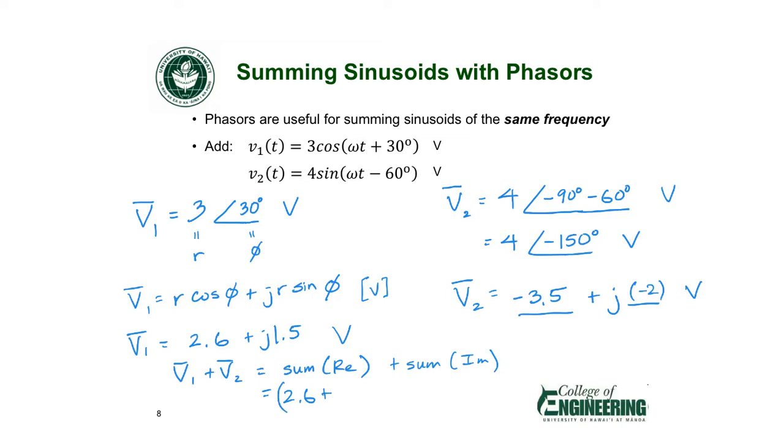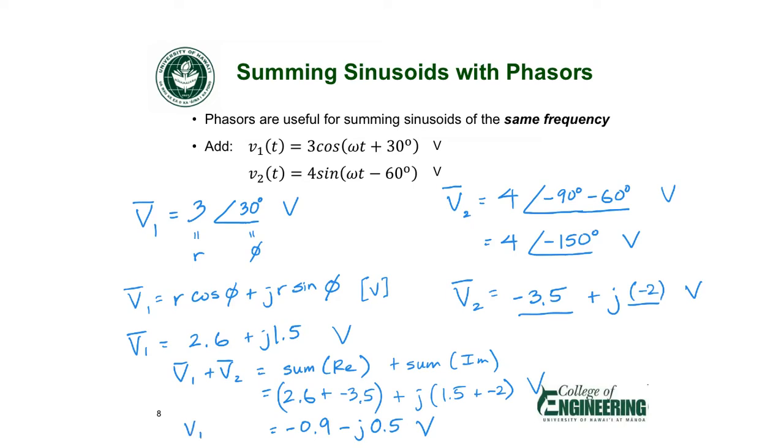Okay, so that is going to be 2.6 plus negative 3.5. These are both with units of volts. And the imaginary parts are 1.5 and negative 2. And all of these terms have units of volts. Okay, so this comes out to negative 0.9 minus j 0.5 volts.